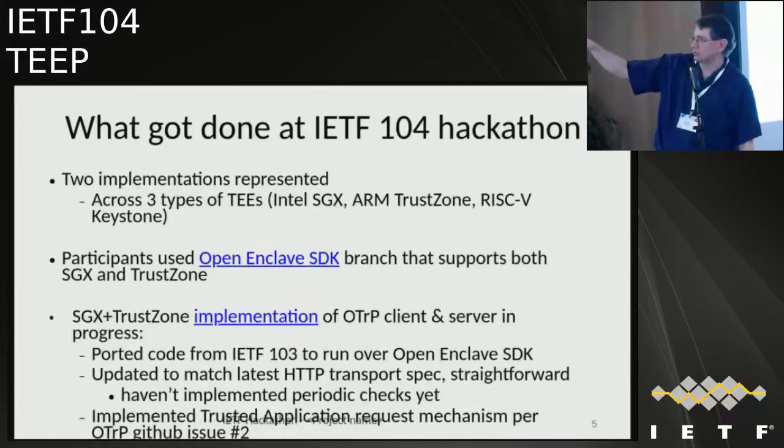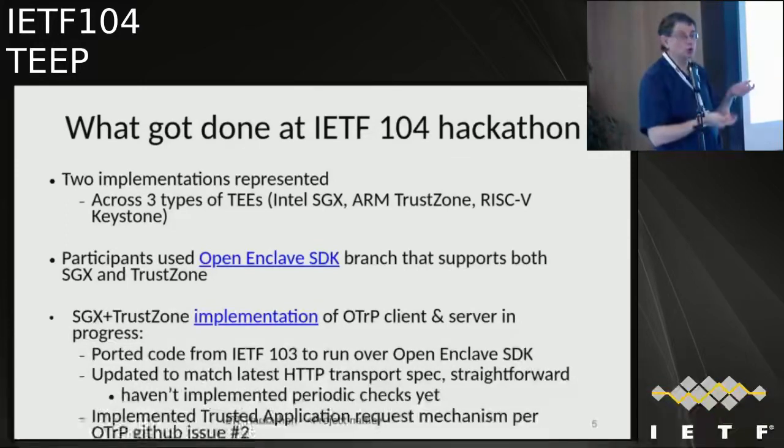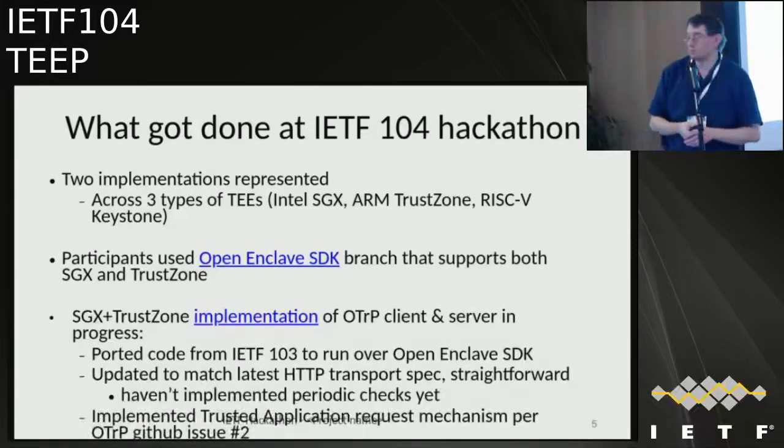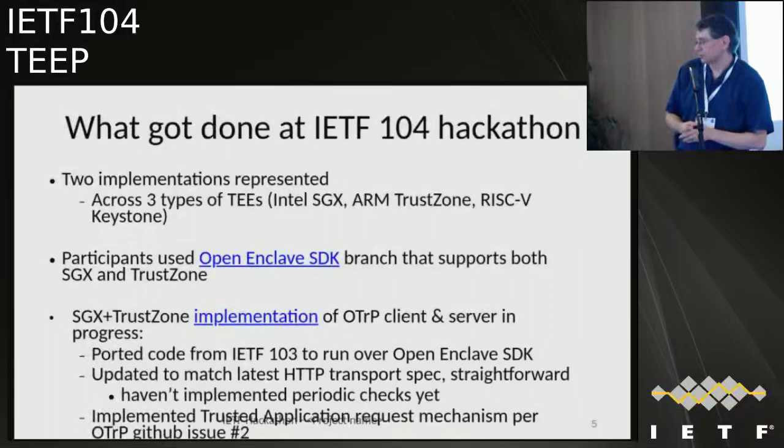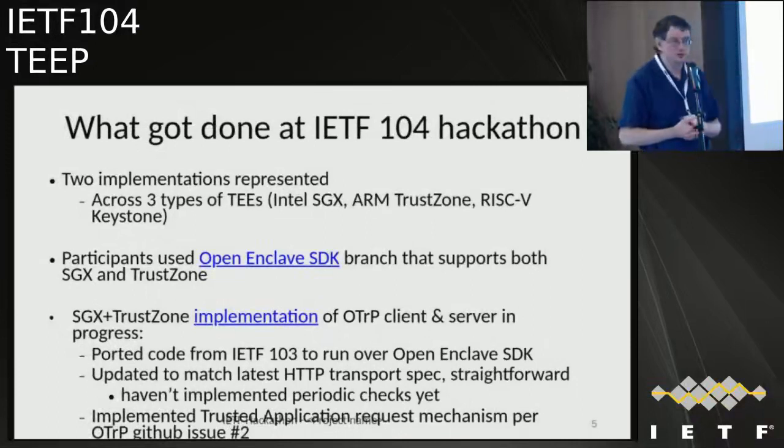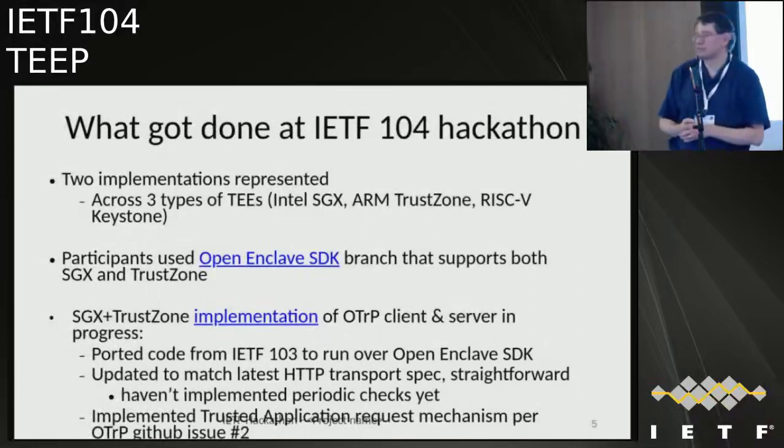It's supposed to work on SGX and Trust Zone, same OTRP code, for the parts that have been implemented so far. It was updated to match the latest HTTP transport spec, which I'll talk about in the next presentation, and the GitHub issue number 2 part of OTRP was updated to match that. Last time we designed it but didn't implement it. Now it's implemented, at least in my implementation.